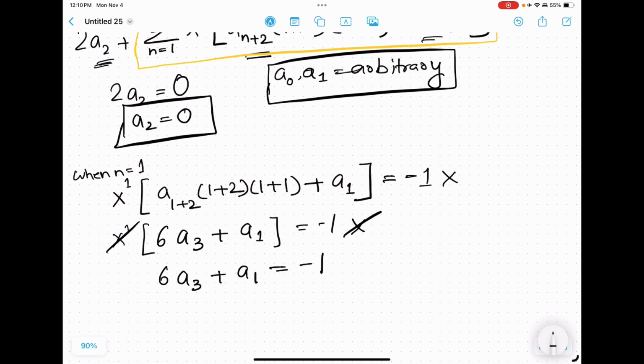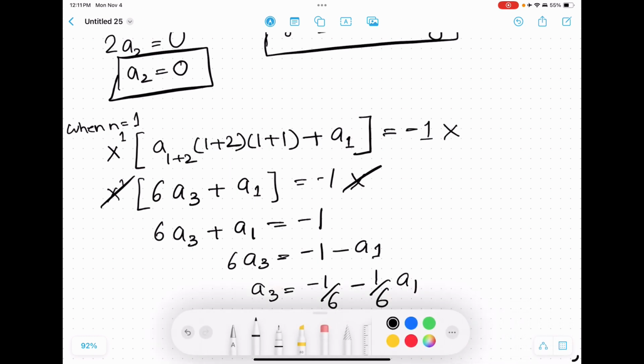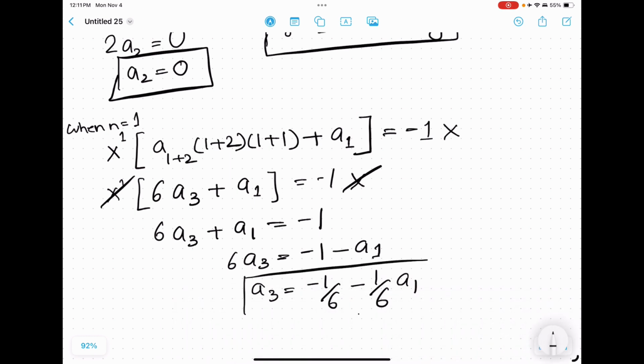I already know that my a sub 1 is an arbitrary number. So my a sub 3 is negative 1 minus a sub 1, then taking out the 6, I have negative 1 by 6 minus 1 by 6 a sub 1. And this is my a sub 3.